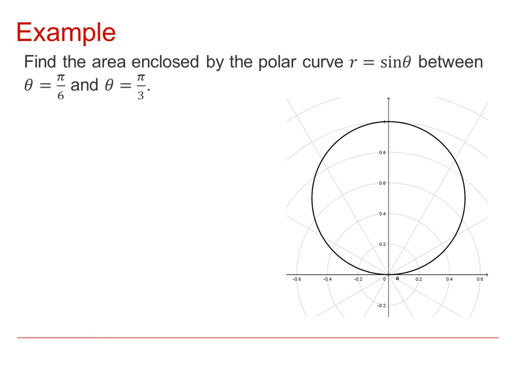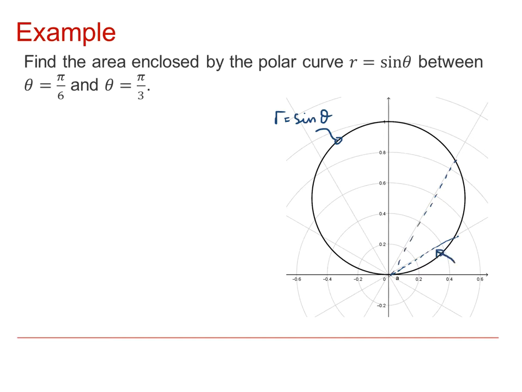Now although not strictly necessary, it is helpful to have a sketch. So this is the curve r equals sine theta. Remember that's a circle, and the value of theta equal to pi by 6 is this line here, and theta equal to pi by 3 is this line here.